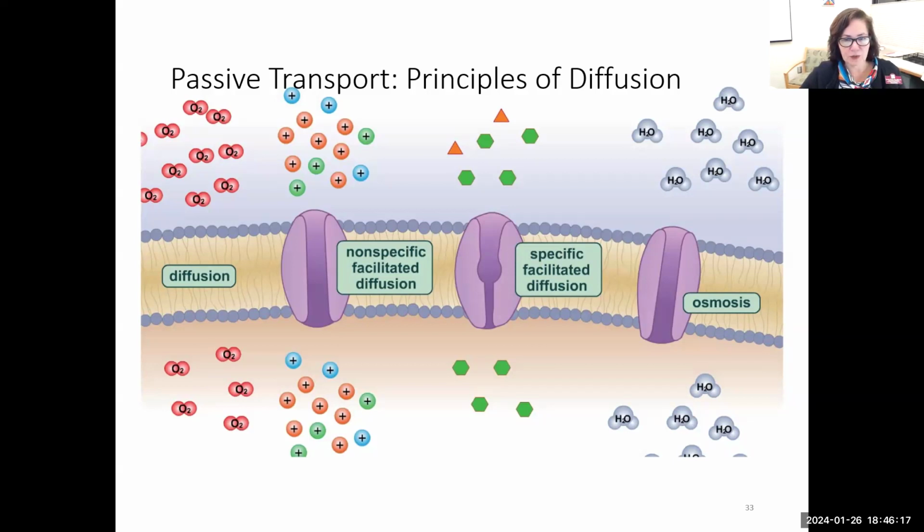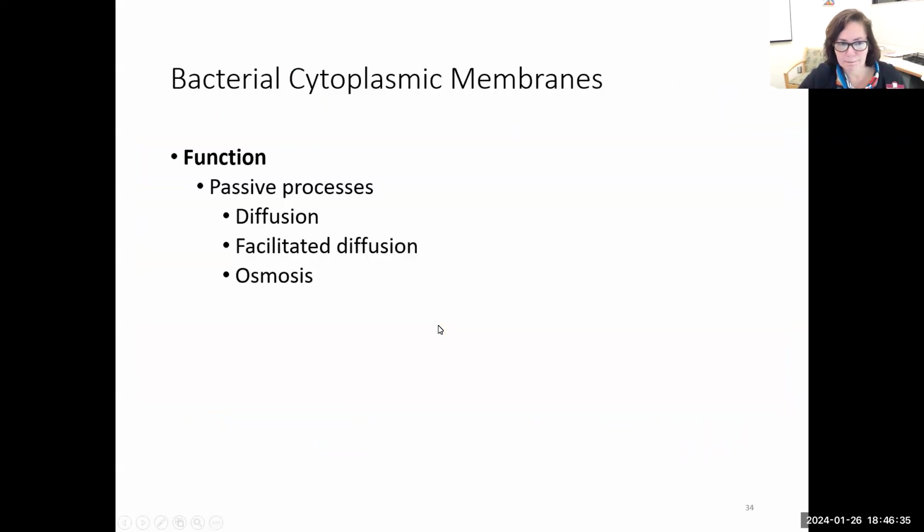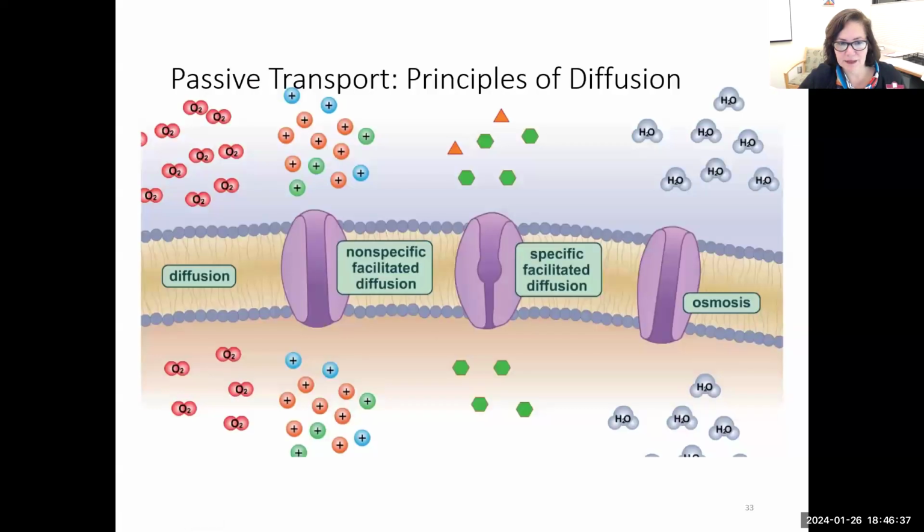Trying to think of how much I want to go through this with you. Well, okay, let's put it here. These purple things represent proteins that are embedded in the cell membrane, and they allow passage for certain items. I'm going to define these things on the next slide, and then I'm going to show you a version of this picture.